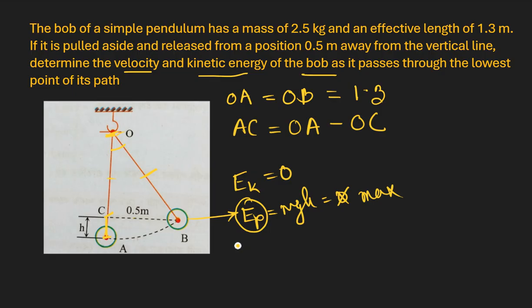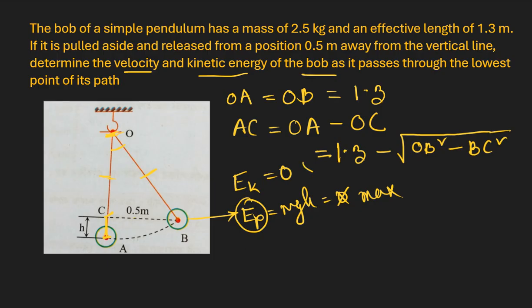Anyways, so OC can be written as OA, which is 1.3, minus OC. We can write this as, this is the hypotenuse, so this is OC, right? So OB square minus BC square.